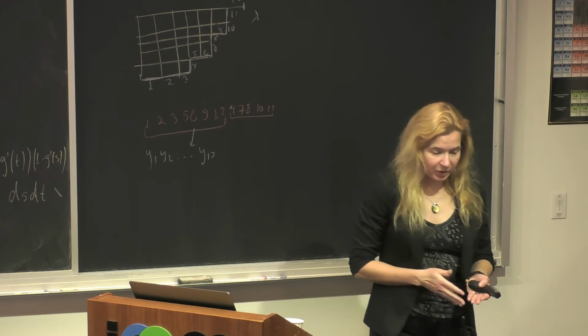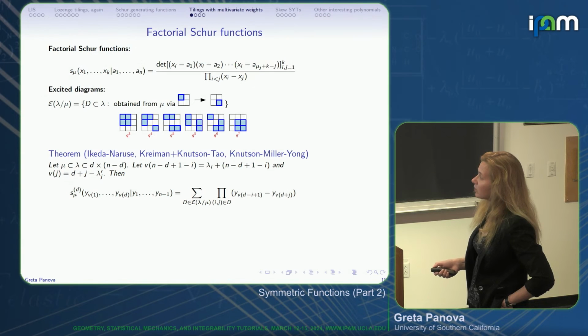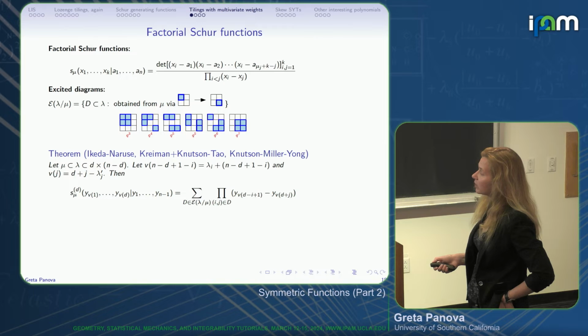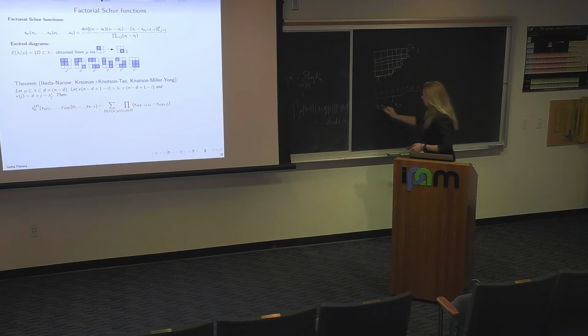And then if we evaluate this factorial Schur function, it's going to be equal to this sum over all excited diagrams. And then for all the boxes inside, we take the corresponding differences of the two variables. Again, v is our permutation that we care about.